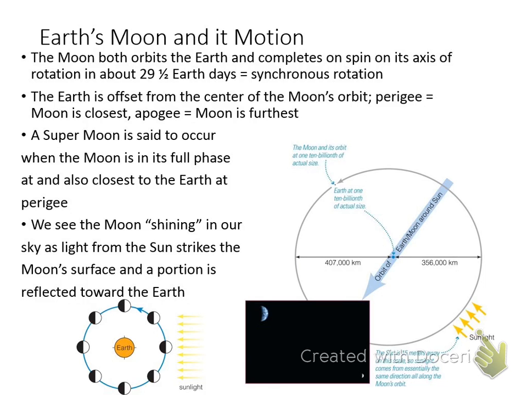Let's go ahead and make like the sun coming from over here. The sun's over here, okay? I am still the moon, and this is the Earth. The reason you see the moon is that it doesn't light up itself. The light from the sun shines on the moon, and then it's reflected back to you.